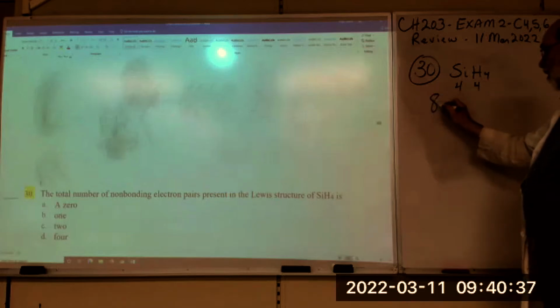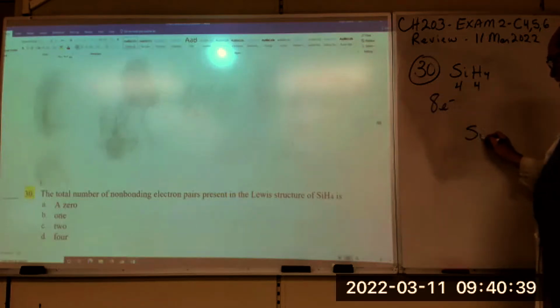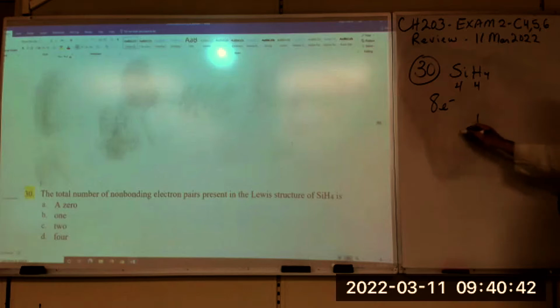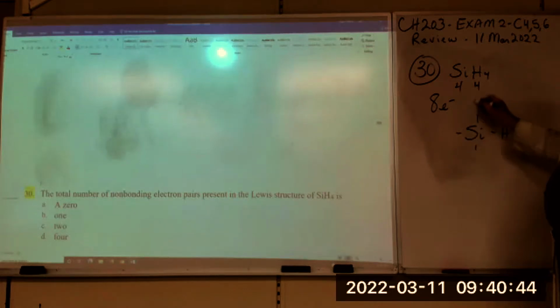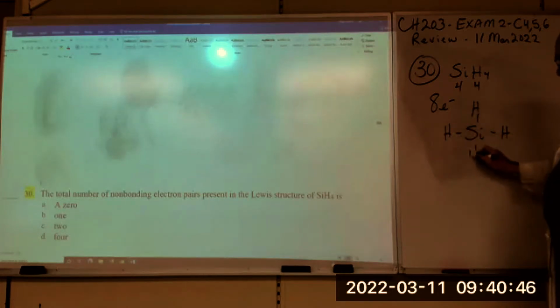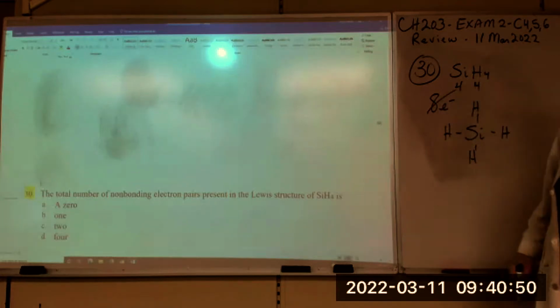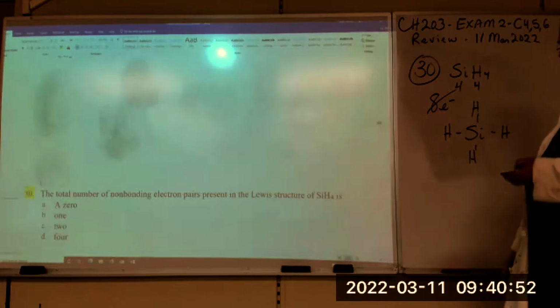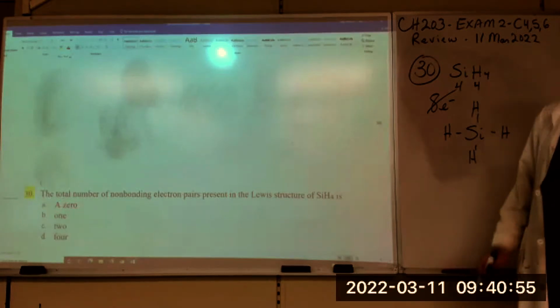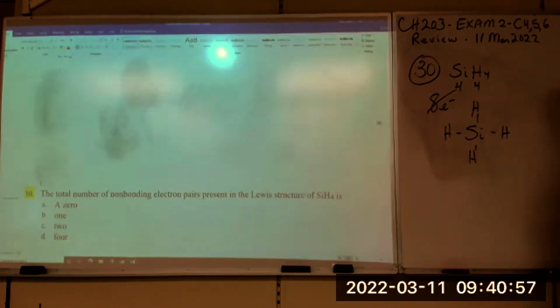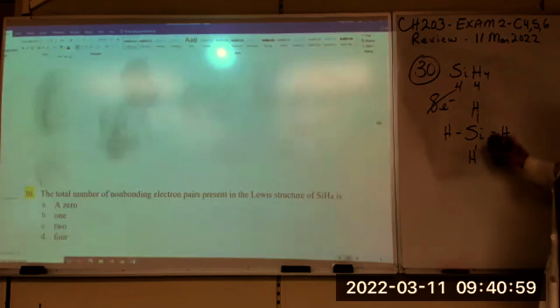So we have 8 electrons. Silicon in the middle. 1, 2, 3, 4. 2, 4, 6, 8. We used them all up. There are no non-bonding pairs. 0. Sometimes called lone pairs.